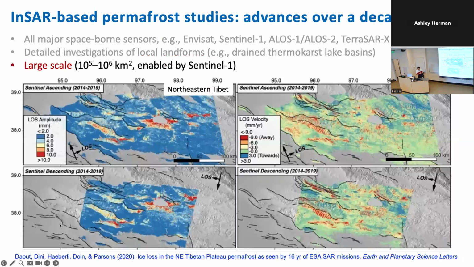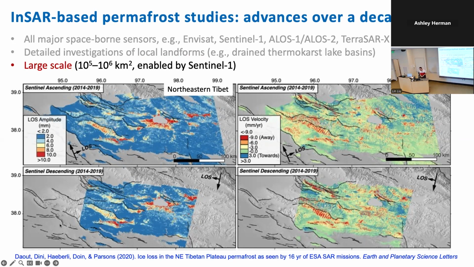People use it, especially with Sentinel-1, to look at continental scale. This is over northeastern Tibet. This is the scale of this area; you have a color scale bar, and this is 100 kilometers.